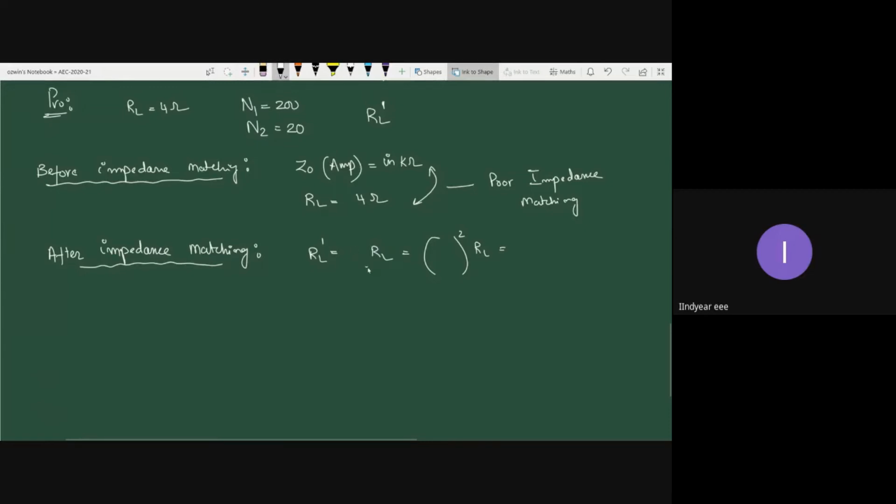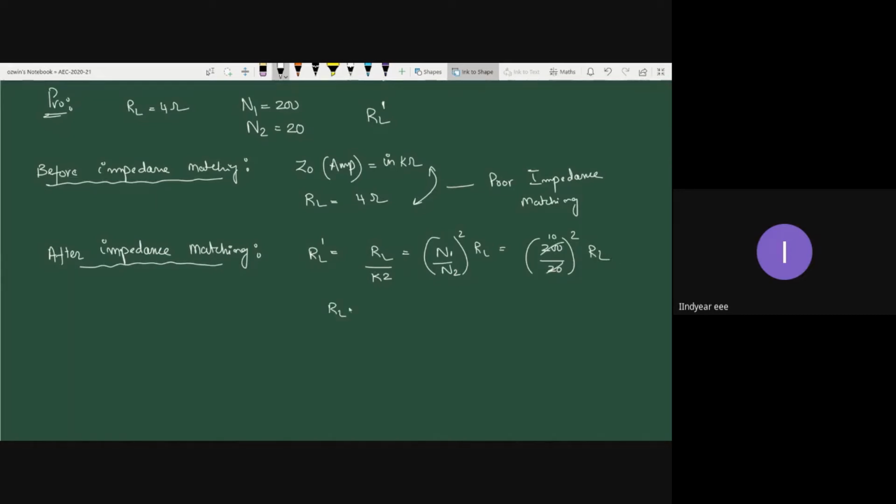So this is K square. Okay. So K is 1 by N, so that is N1 by N2 to the whole square. So N1 is 200, the whole square into RL.